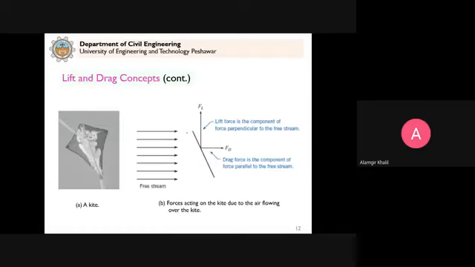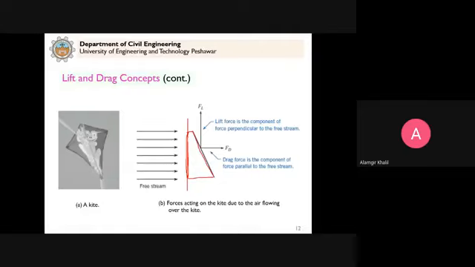see this one. This is now a plane which is perpendicular to the flow. So this is the body. If you want to take that area, it will be the projection of that, as you study in drawing. You can see the projection of this area on this plane. So this is the projection of that area. Clear? This dimension multiplied by the width that is perpendicular to this plane.